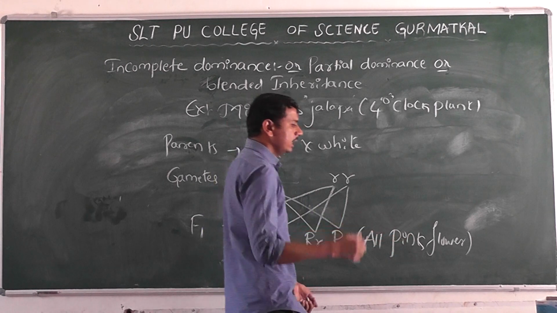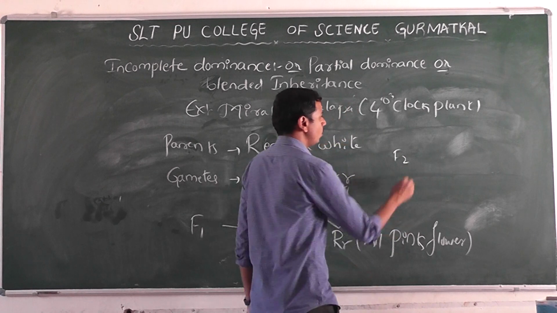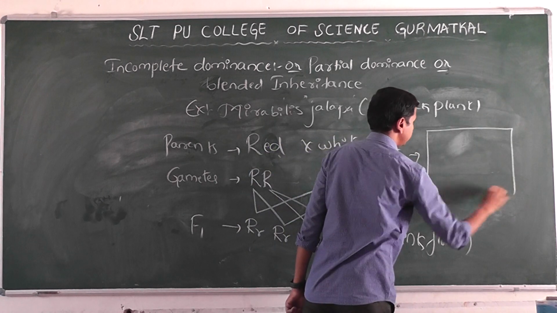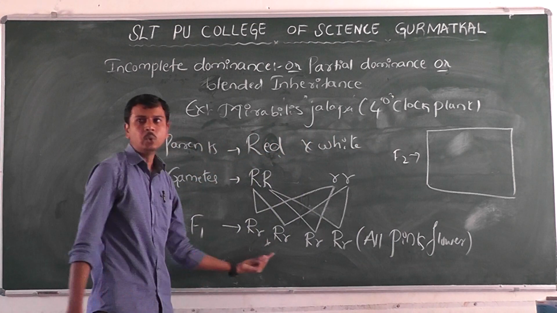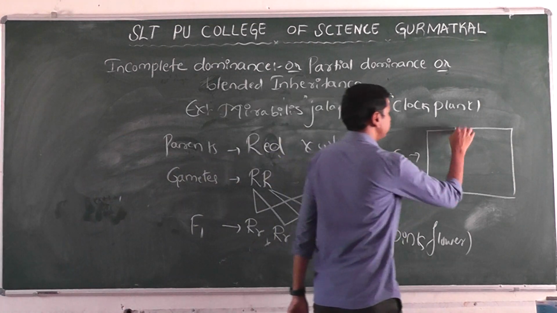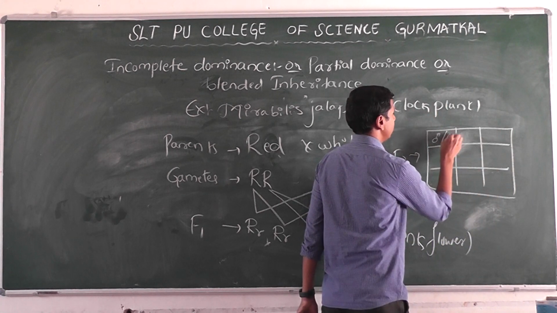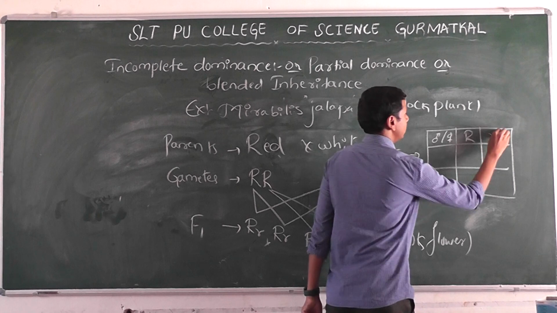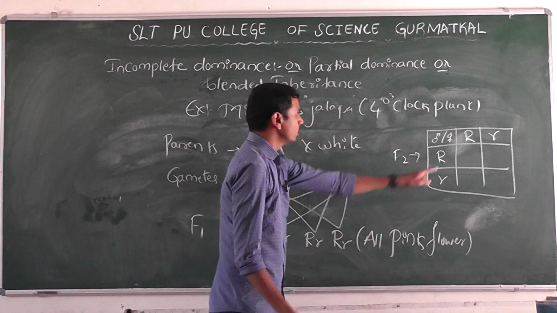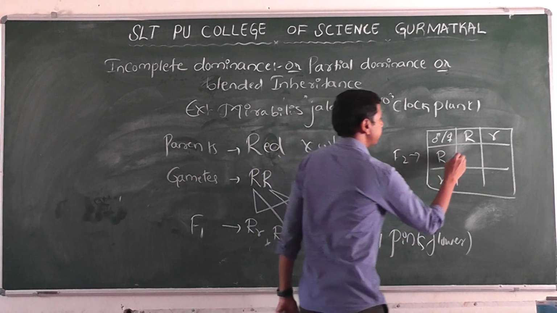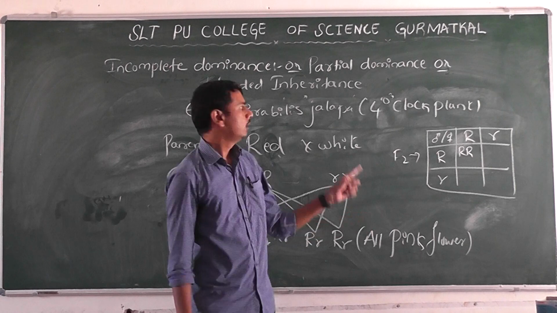Okay. So now in the case of the F2 generation, what are we going to see? In the F2 generation, we take the hybrids and make the cross between the two hybrids. So capital R capital R means what is the flower color? It will be the red.